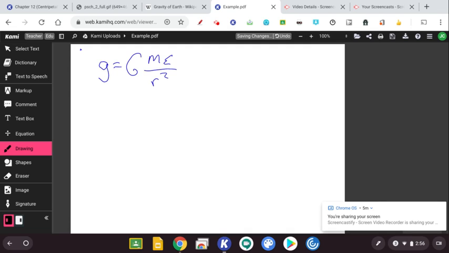And let's talk about altitude here. So this is the Earth, and it has a specific radius, and this radius is going to be 6.37 times 10 to the 6 meters.